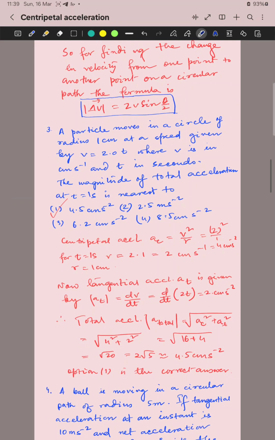Now the tangential acceleration a_t is given by dv by dt, d by dt of 2t, which equals 2 centimeter per second square.